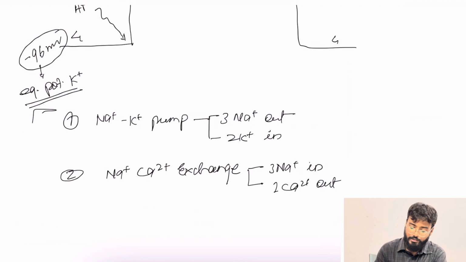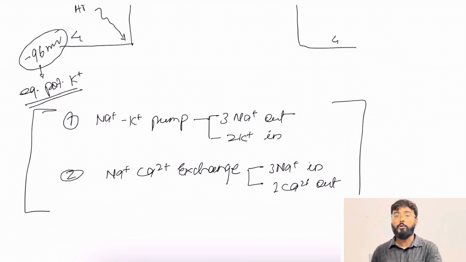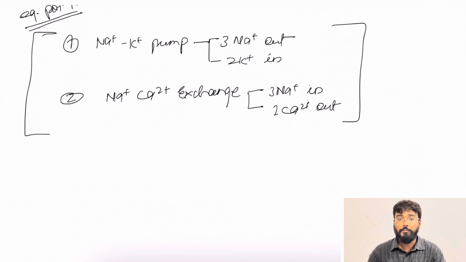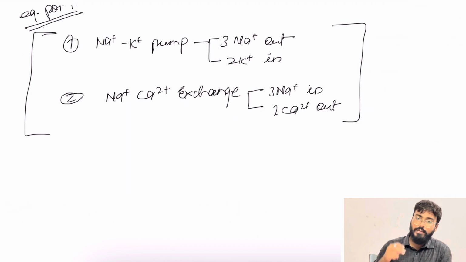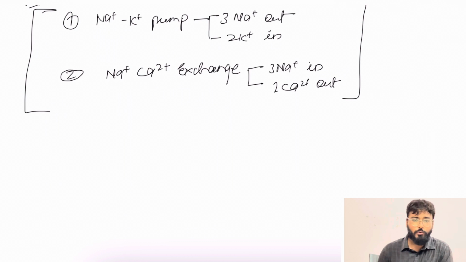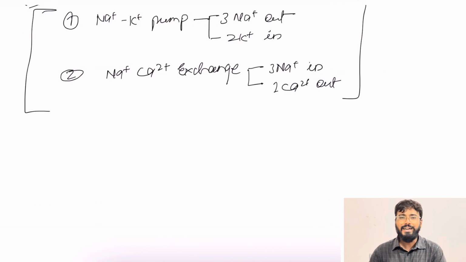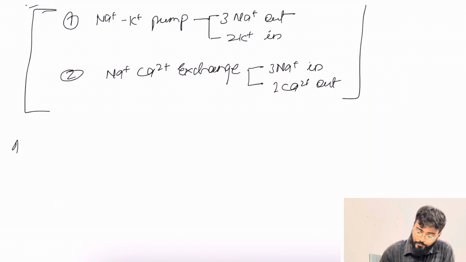So these two are responsible for restoring the ionic gradient that was reversed due to the depolarization and the action potential. Now there is a term called cardiac excitation contraction coupling. What is cardiac excitation contraction coupling?